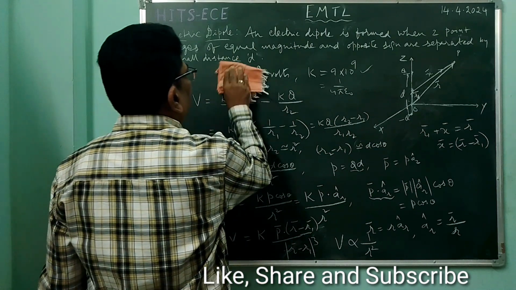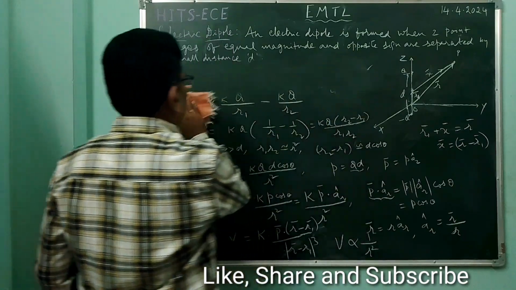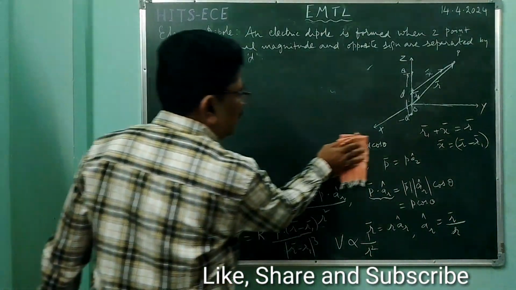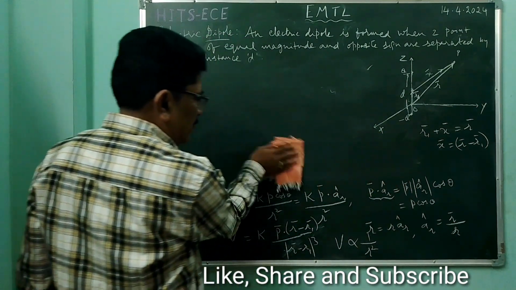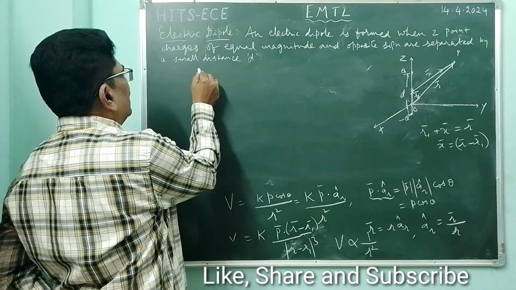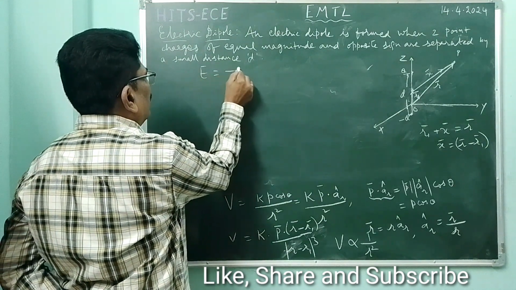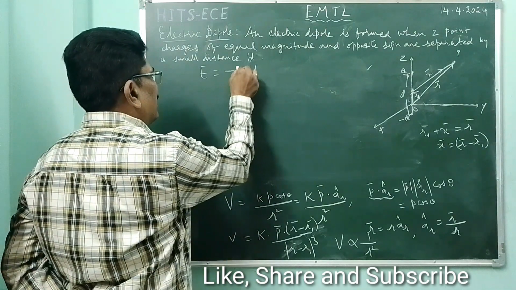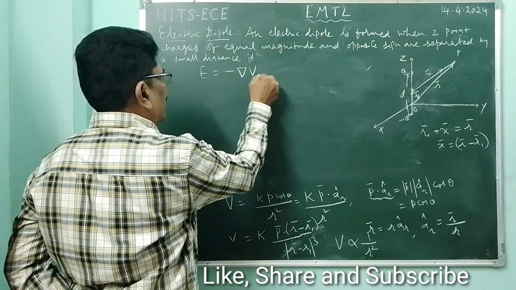Let's find out E. In the last chapter, the equation E is equal to minus del V was covered.